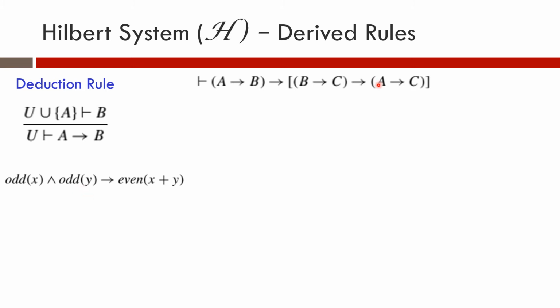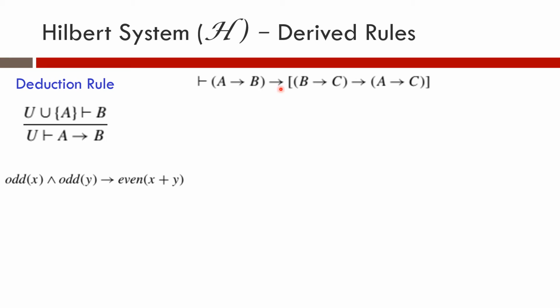So to start the proof of this formula also, we will consider the rightmost formula, and we will try to prove this formula with a set of assumptions which includes all the formulas on the left side of the implication.